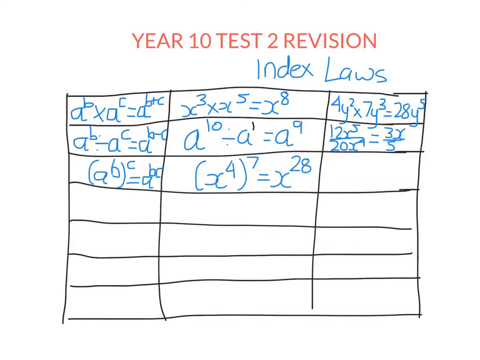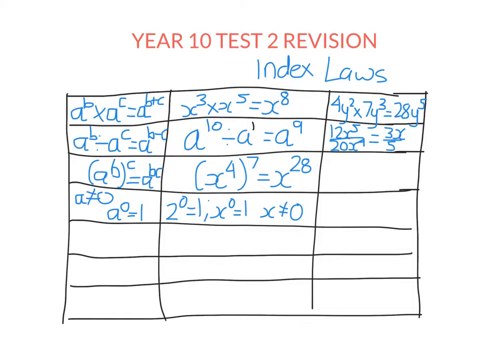Next up, we have the zero index. If a is not equal to 0, then a to the power of 0 is equal to 1. In other words, anything not 0 to the power of 0 is equal to 1. For example, 2 to the power of 0 is 1, and x to the power of 0 is 1, as long as x does not equal 0.